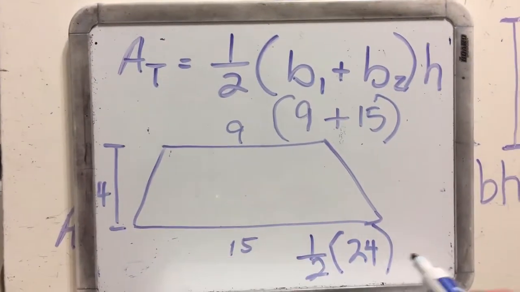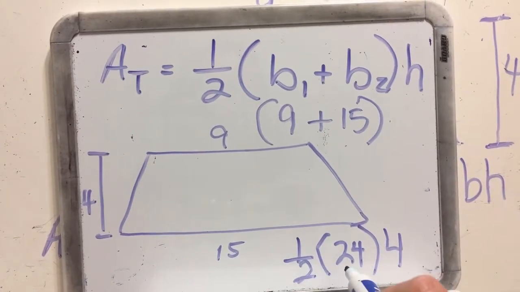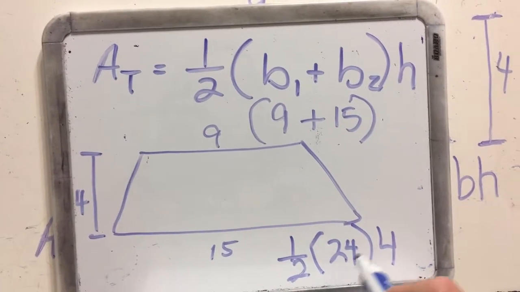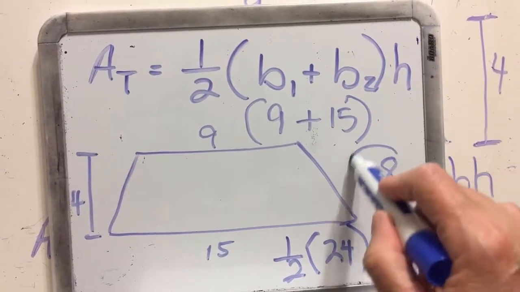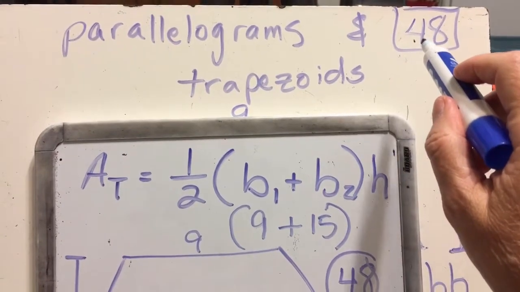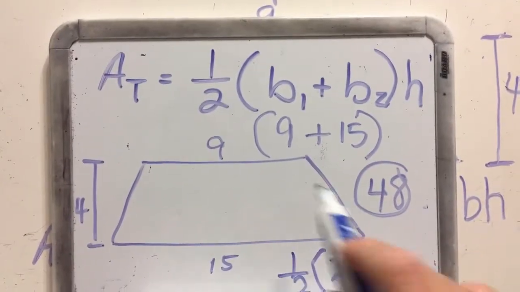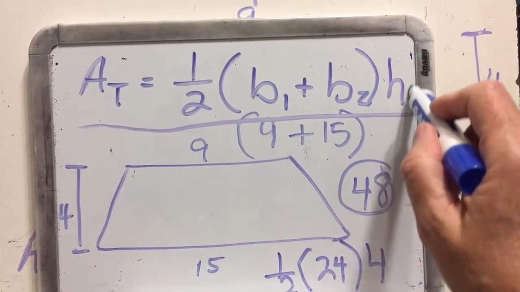Remember, the height was 4. So 1/2 of 24 is 12. 12 times 4 is 48. And guess what? Remember on the last one, we got 48 when we used the triangle method. We got 48 when we used the trapezoid formula.